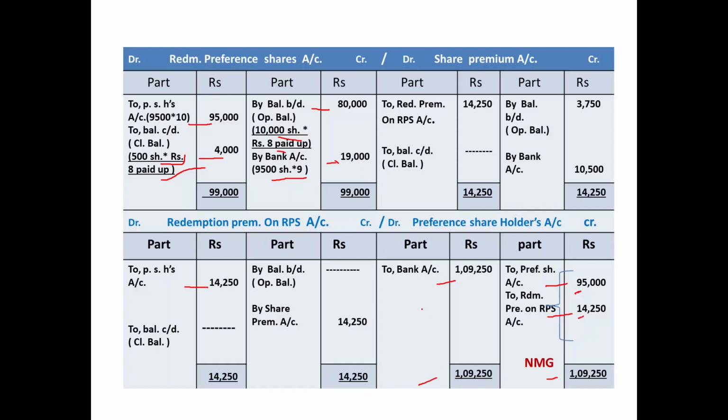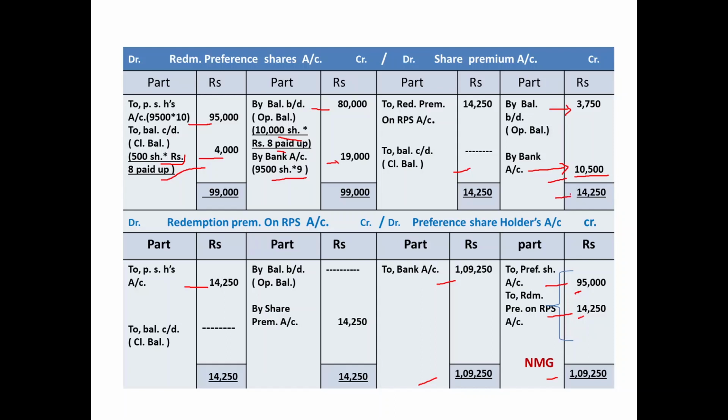Then redemption premium on RPS. In this share premium account, opening balance 3,750 given in the balance sheet, no closing balance. But due to the issue, the company received premium of 10,500. We are going to verify it after 2 minutes in the equity share capital account with a working note. Just wait. But this is the amount 10,500 received in the form of share premium due to the new issue.